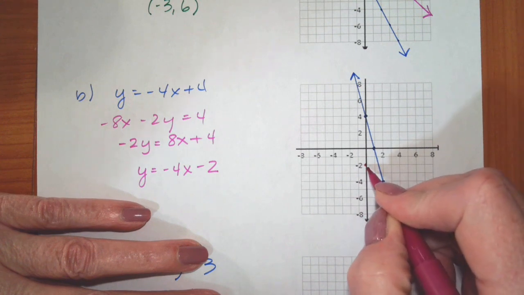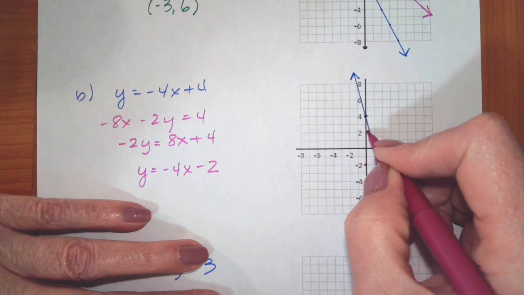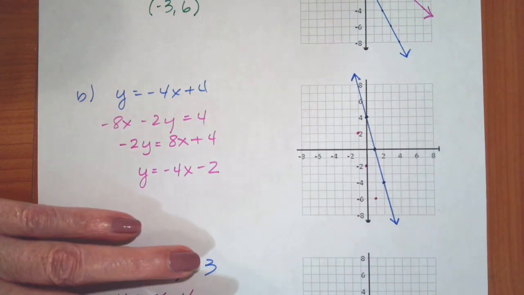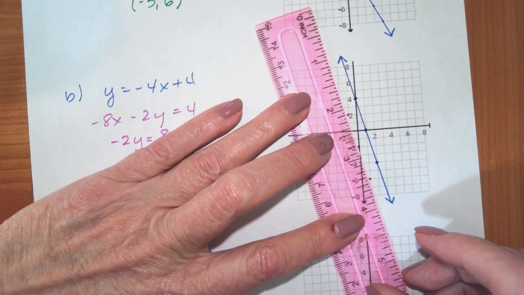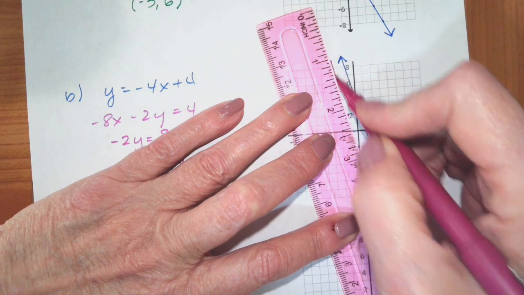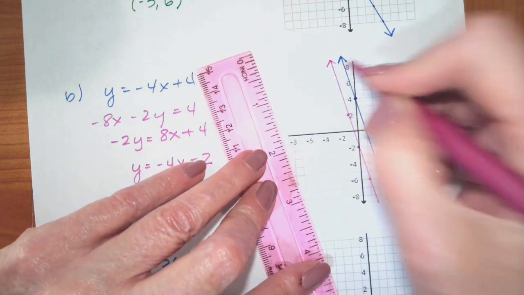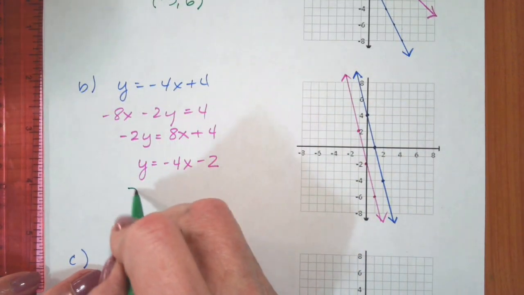So negative 2, go down 4 and over 1, or I can go up 4 and to the left 1. Same thing. All right, so if I graph this, and lo and behold, there I have two parallel lines. So I would just write that there is no solution.